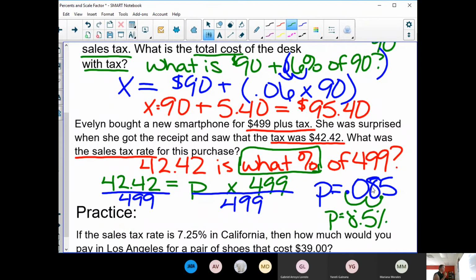Division. So whenever we change a percent to a decimal, we divide by 100. So to go the other way, decimal to a percent, we are going to multiply by 100. So if I'm multiplying by 100, that moves my decimal 2 places to the right. So percent to decimal, we divide. Decimal to percent, we multiply. Okay, any questions?